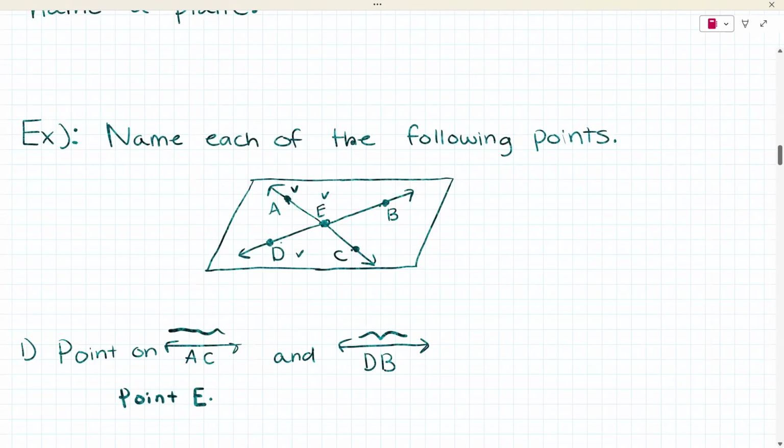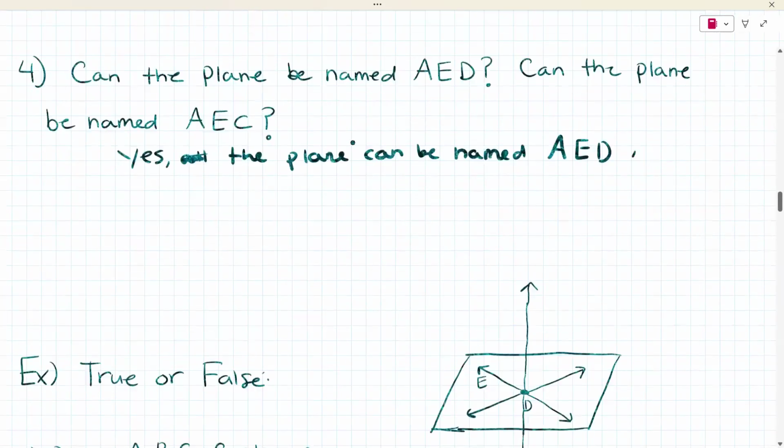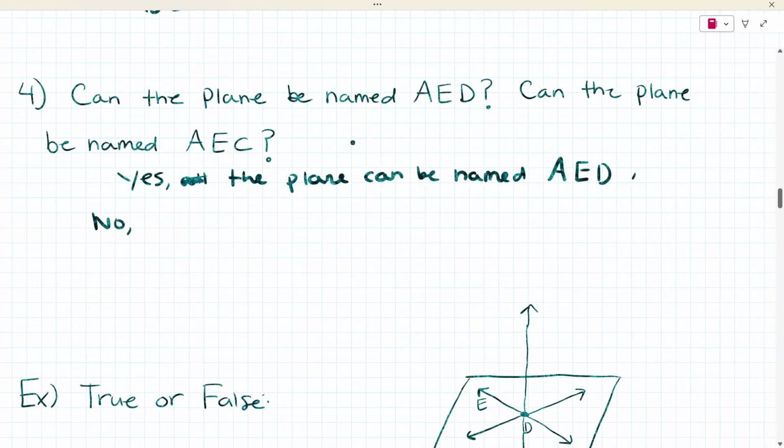There's 3 points, AEC, no. Why? Even if there's 3 points, why can't this be a plane? Because they are collinear, right? They're on the same line. So in order for a plane to exist, they have to be non-collinear. So no. Okay. So that isn't a problem.